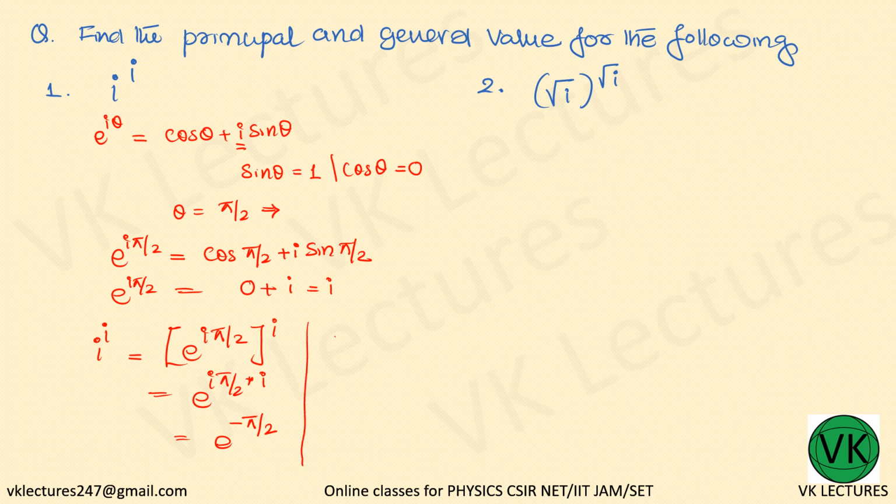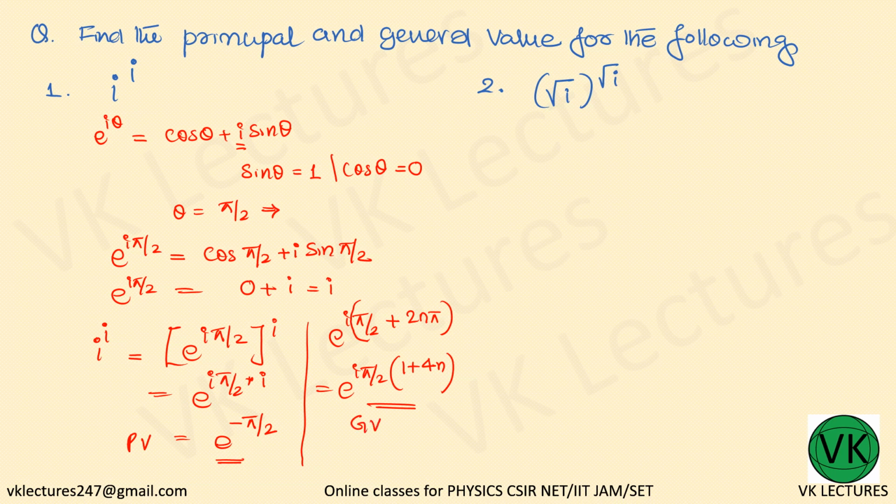So e to the power i times pi by 2 plus 2n pi; if you take pi by 2 outside, it is e to the power i pi by 2 into 1 plus 4n. This is the general value, and here we have the principal value.